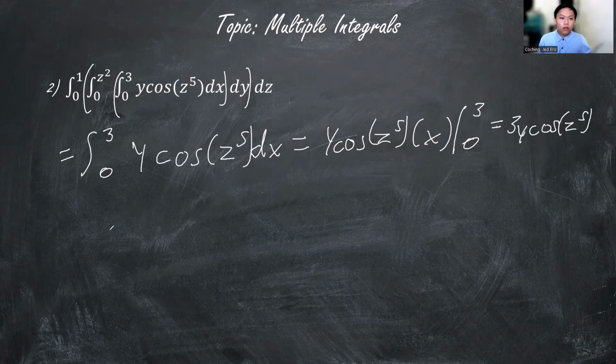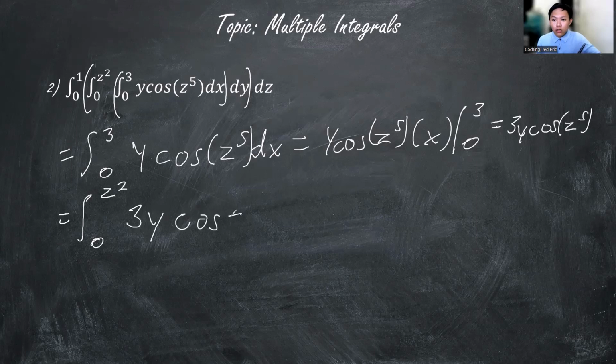That's how simple it is. So let's move on to the other integral. So the integral with limits 2 and 0 of 3y cos 5z over dy.